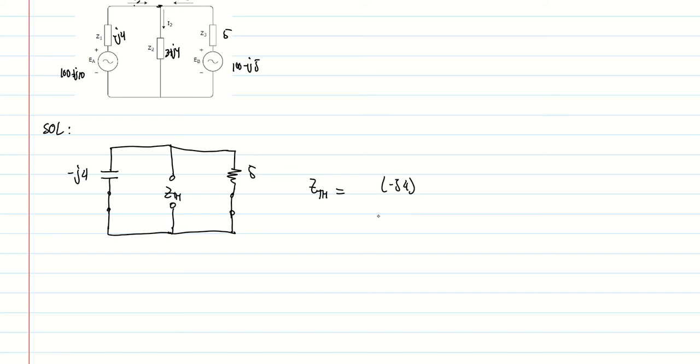Negative J4 times 5 all over 5 minus J4.